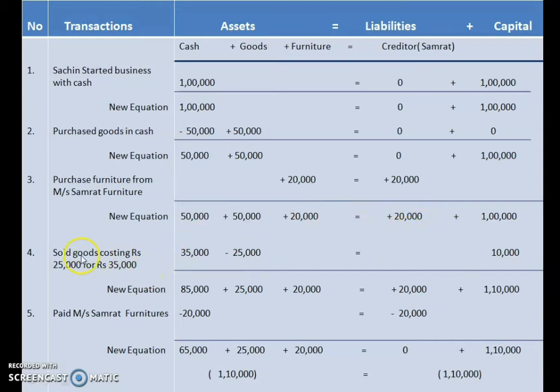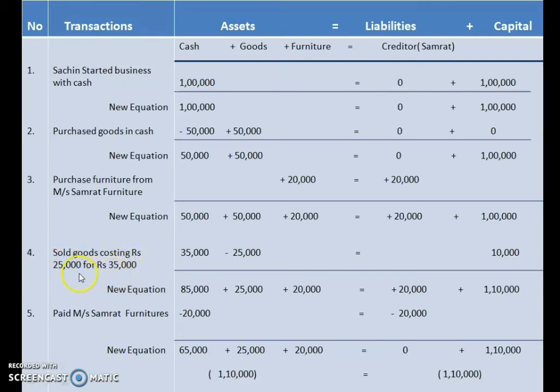Now moving to the fourth item, that is sold goods costing rupees 25,000 for rupees 35,000. You have to very carefully listen to this equation. The cost of the good is 25,000 and you have sold these goods for rupees 35,000.